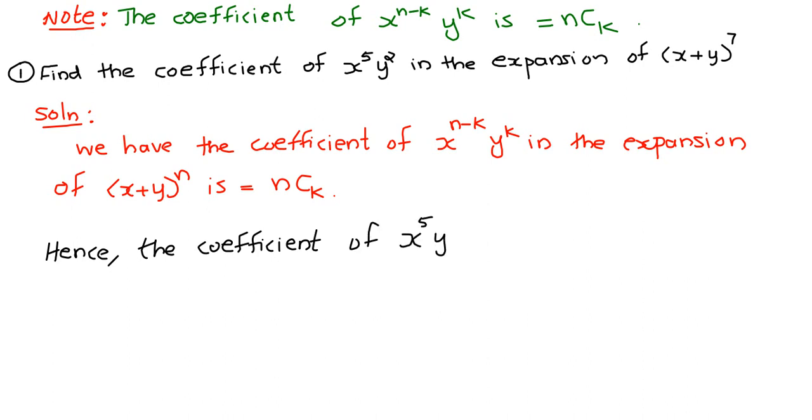What is x raised to 5 y square? It can be written as x raised to 7 minus 2 into y square. Here n is 7, so 5 can be written as 7 minus 2.